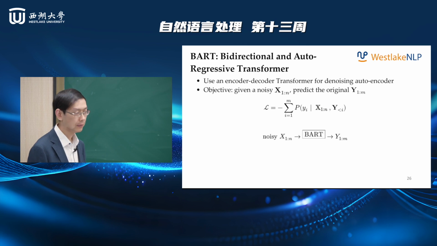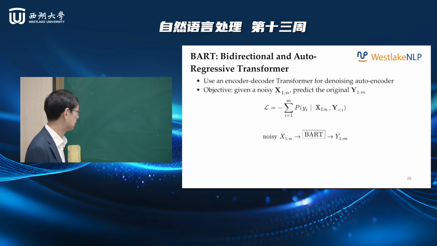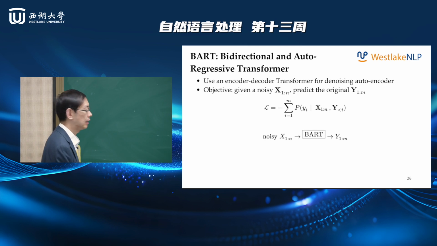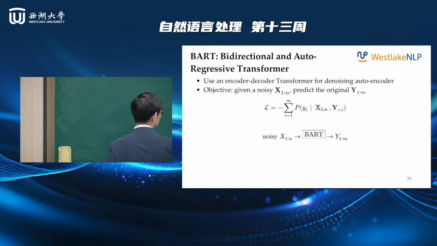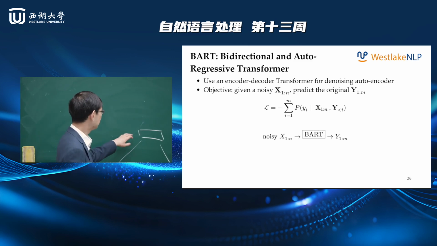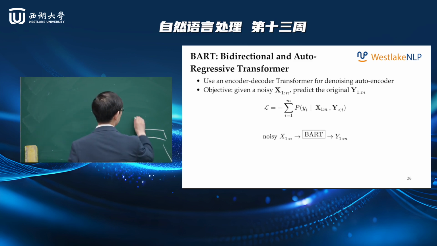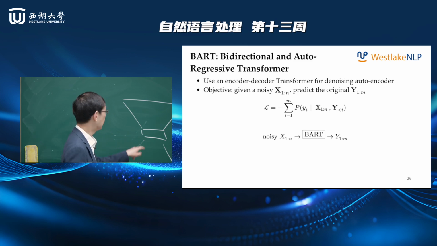denoise autoencoder. First, what is an autoencoder? You might have learned that in your computer vision class, or you might not have seen it. An autoencoder basically works by encoding something, whether it is a picture or a language, into some representation, maybe a vector. And it will recover the original image or sentence from this vector. So an autoencoder has an encoder and a decoder, similar to a transformer.